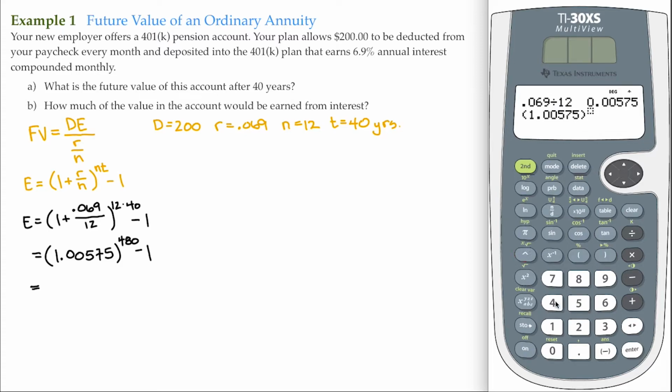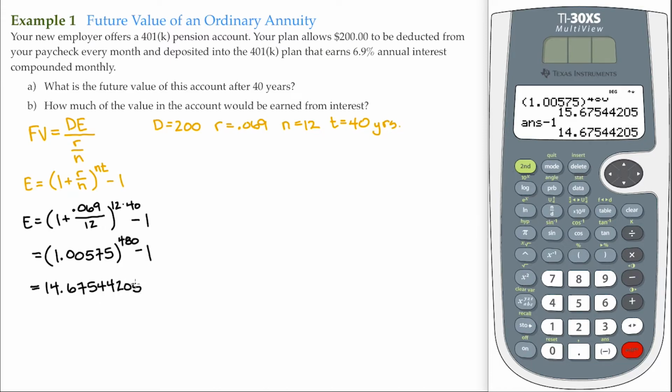Raise that to the 480 power. Hit enter. And then I could simply just go right to the operator here, subtract 1. And that gives us 14.6754 4205.